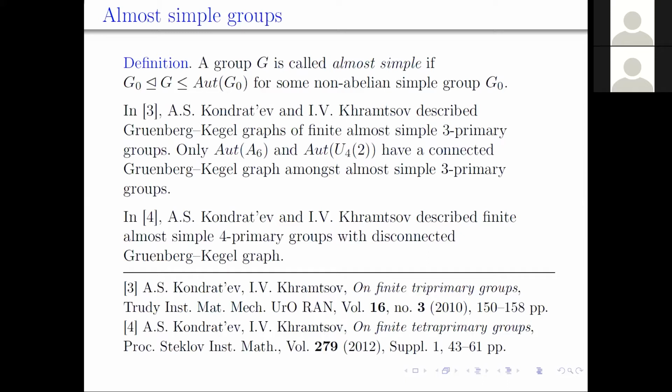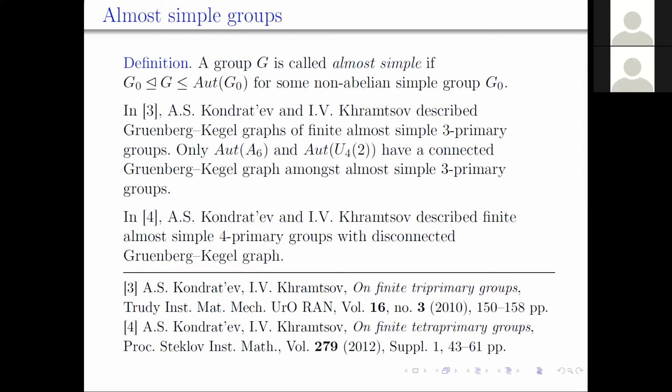Let me remind you that a group G is called almost simple if G lies between some non-abelian simple group G0 and Aut(G0). In studying this case, the results described in the following two works of Anatoly Kondratyev and Igor Khramtsov turned out to be very useful for us.